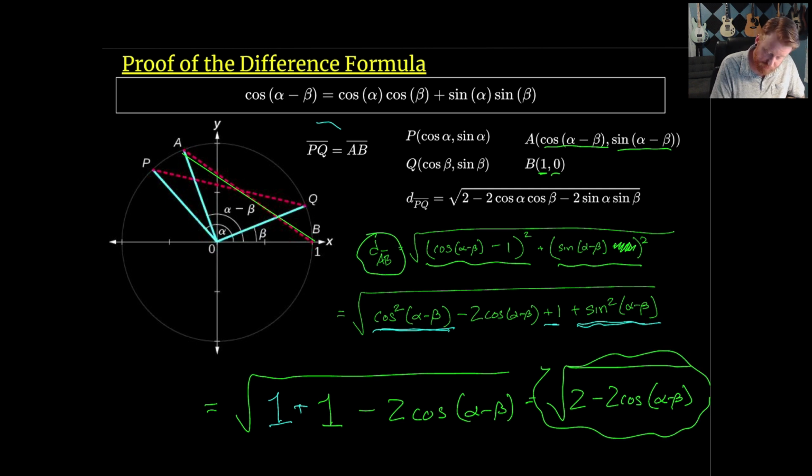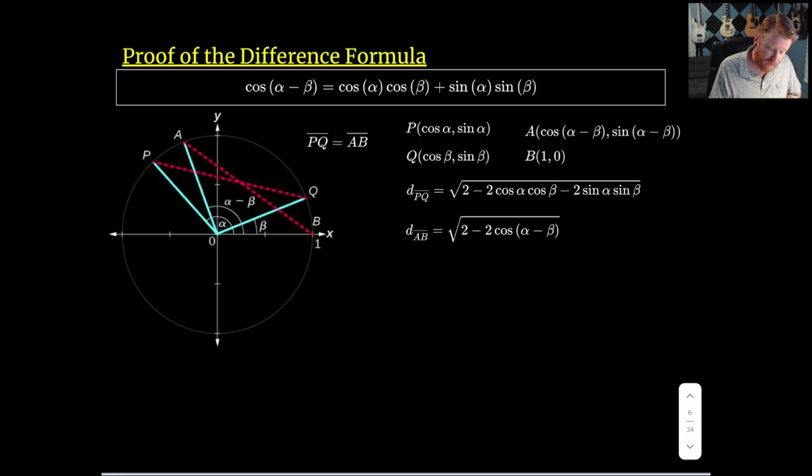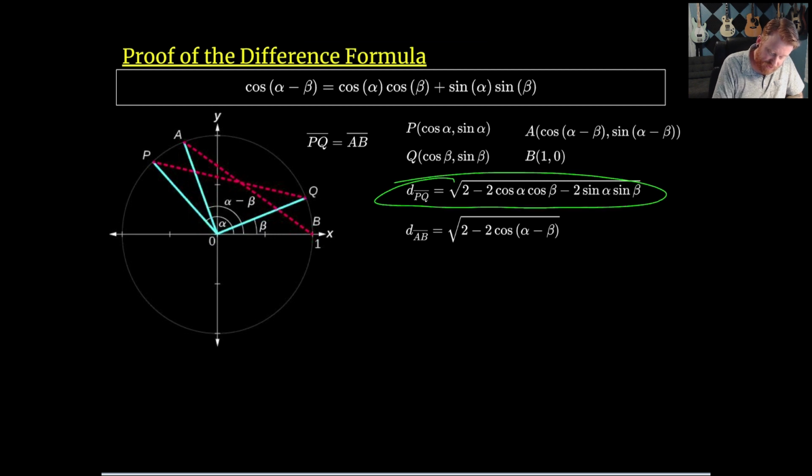So the distance from A to B is equal to the square root of 2 minus 2 cosine alpha minus beta. So we can add that to our list of things that we know now. And now we're getting ready, finally, after about 20 minutes here, to get our conclusion. So we know that this distance from P to Q can be written in the green there.